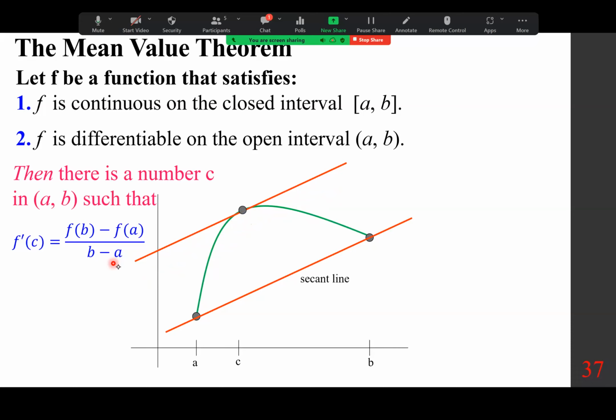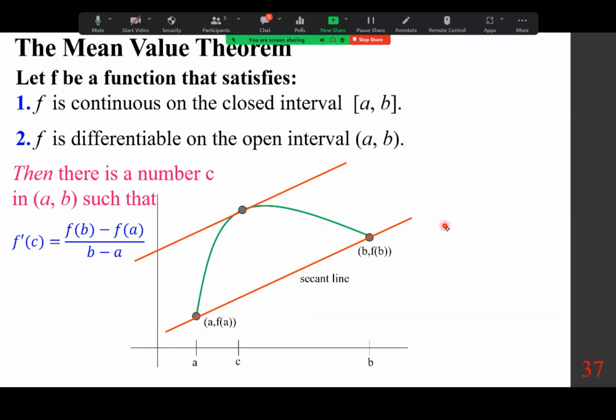That's the concept. If the function is differentiable and continuous from A to B, and if you draw the line which is called the secant line, there must be some line parallel to that, which means has the same slope. So look at this.